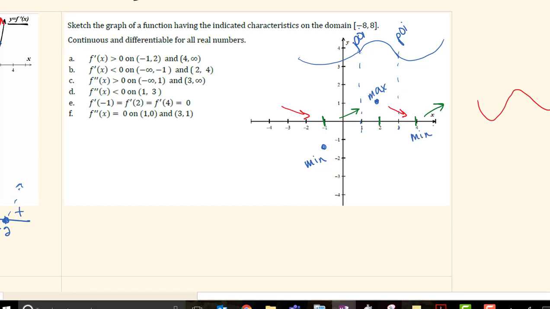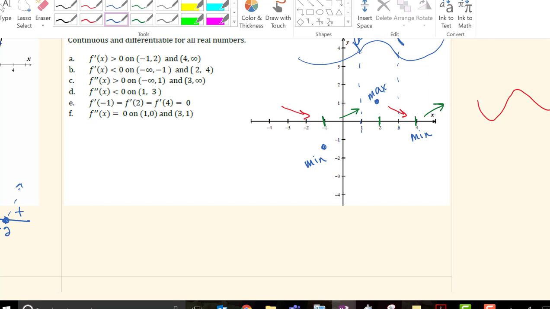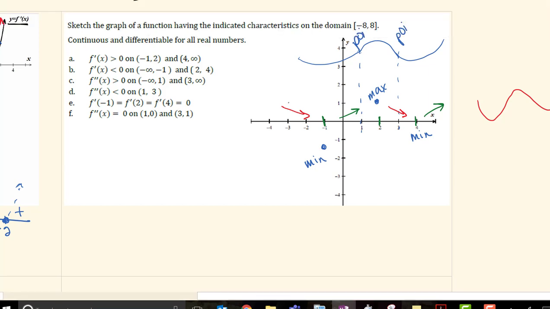Am I given any ordered pairs at all? It does not look like I'm given any ordered pairs, so as long as you have this general shape, you are good to go. I'm just going to give it a good old sketch. So we are decreasing, then we hit that negative 1, we're increasing, we change concavity here, we have a maximum.